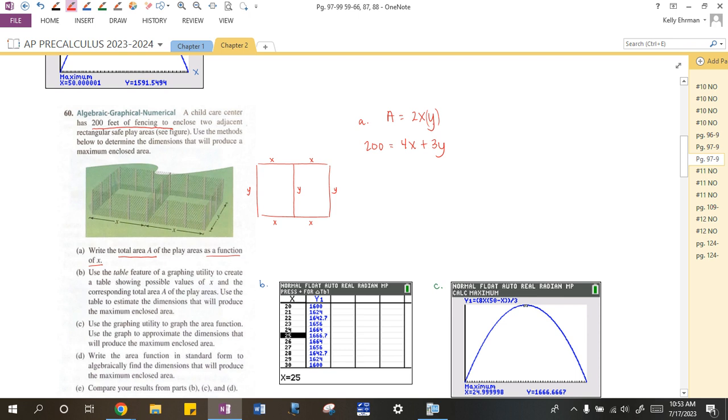And then we're trying to substitute the y in the area equation. So solve this equation for y. Subtract 4x, divide the whole thing by 3. And then that gets substituted in to the area equation. So area as a function of x, A of x, is equal to 2x times (200 minus 4x) over 3.